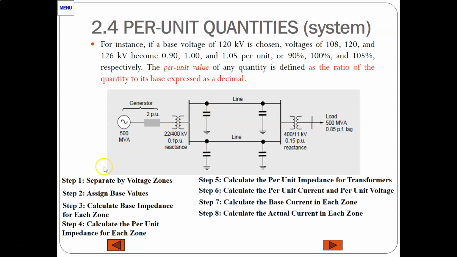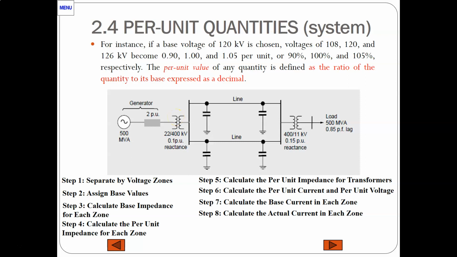Here you can see some steps that can be useful when you do calculations. The first step is to separate by voltage zones. The usefulness of the per unit system is in converting all system impedances to per unit impedances and redrawing the circuit without having to worry about the different voltage levels from each transformer.